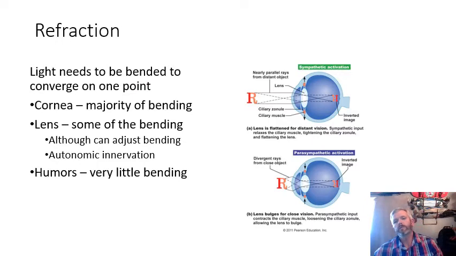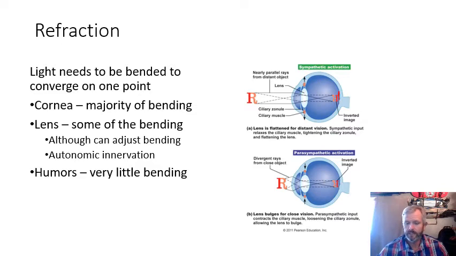All right, so refraction. Right, we're seeing light being reflected off of things, and the light is coming in the eye. Depending on where the light is coming from, whether it's coming from far or from very close up, depends on how we need to bend the light, because we have to get the light bent into the right location, into that fovea centralis, where we want to get the light sent.